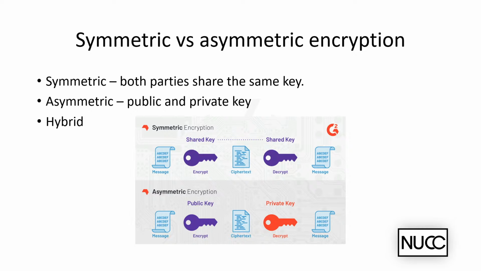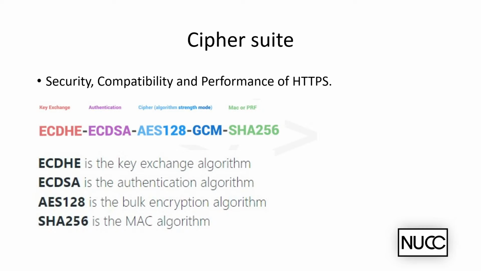There are a number of smart and different methods of encryption and hashing, which are used in the real world in companies every day, as for example Advanced Encryption Standard, and we're going to follow it with CipherSuite. So security, compatibility, and performance of HTTPS.